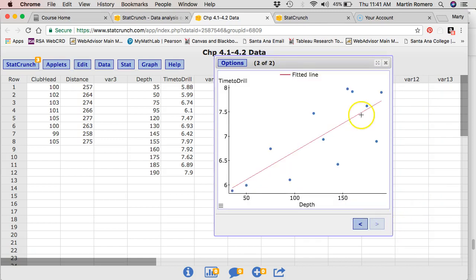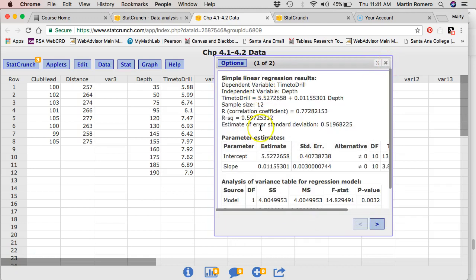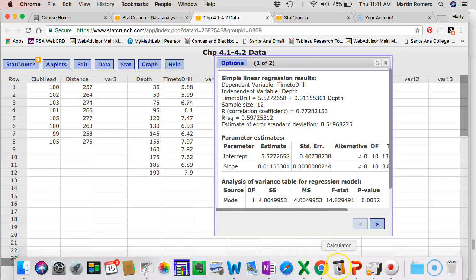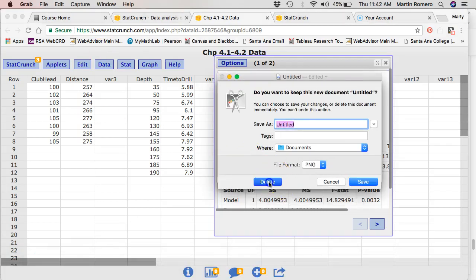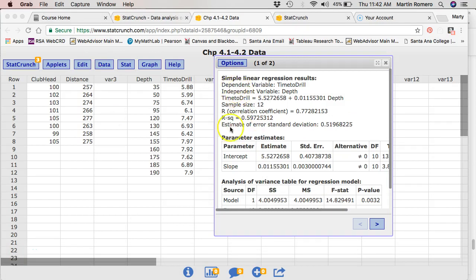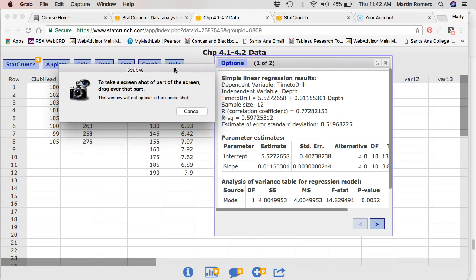Here's what the graph looks like with a line. It definitely looks like the deeper it goes, the longer it takes to drill. From here, we want to use this information to make some predictions, like we did before.